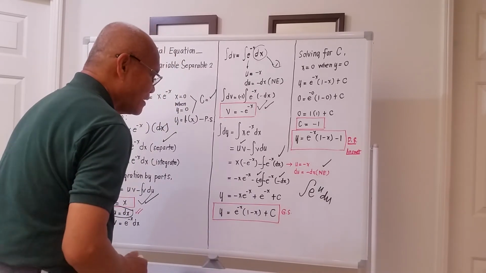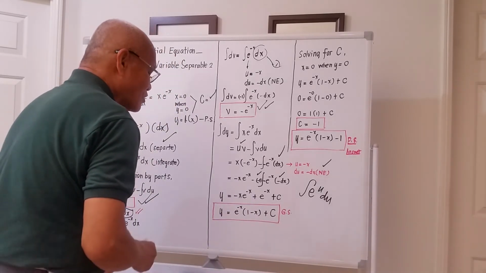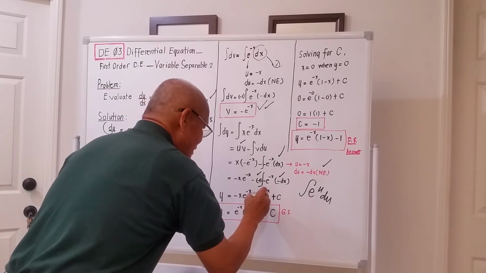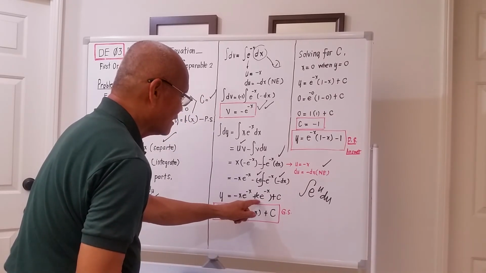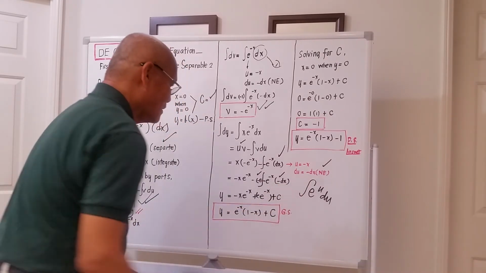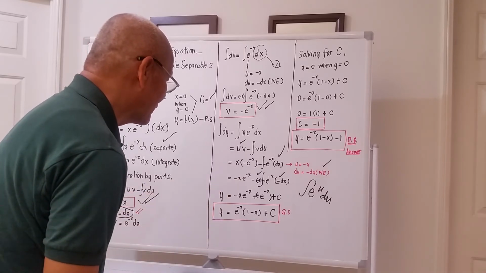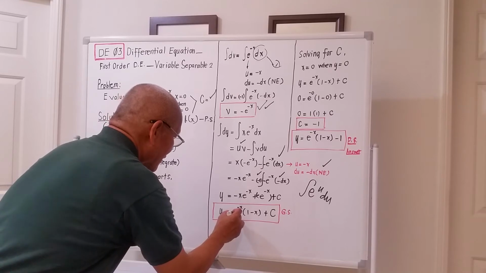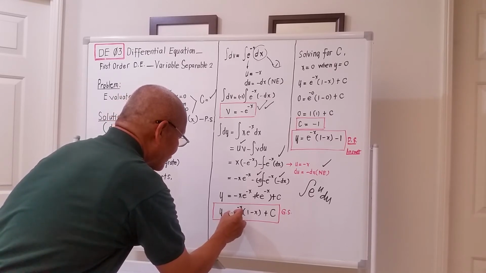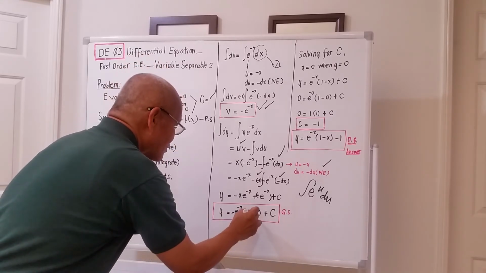Sorry for this one. This got a negative sign, guys. Okay, negative plus negative e to the negative x plus c. So what will come out? This should be minus minus. This should be minus. I factor out, and this should be plus.